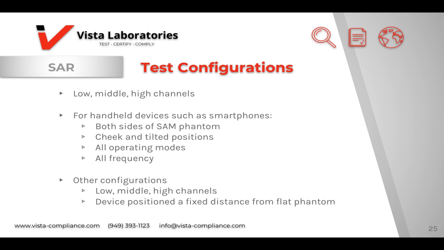So tests are repeated for all operating modes and frequency bands unless there are test reductions that can apply. And then other configurations are generally tested also on low, middle, and high channels with the device positioned at appropriate distances away from a flat phantom. So this would be just a phantom containing liquid that's completely flat. That would represent, for example, a human body.